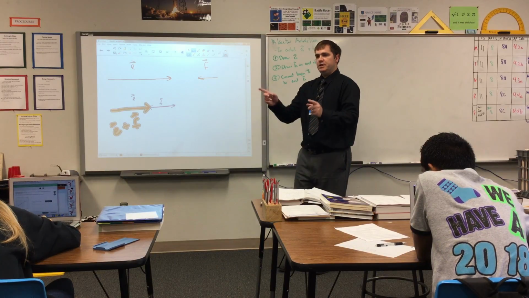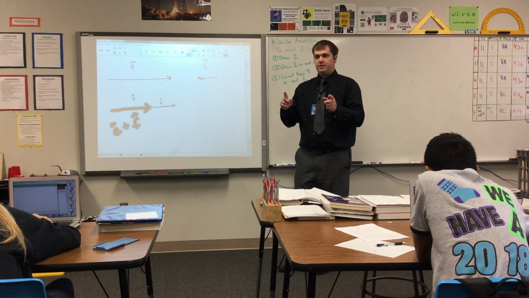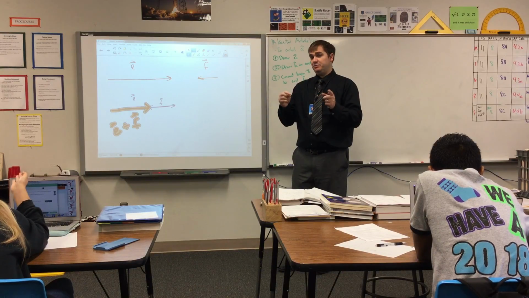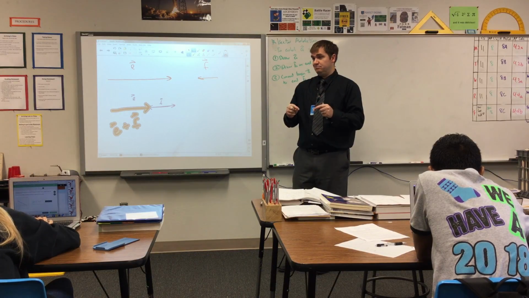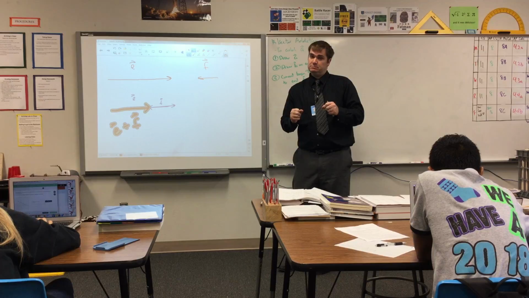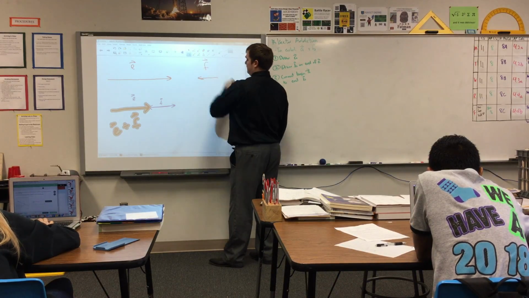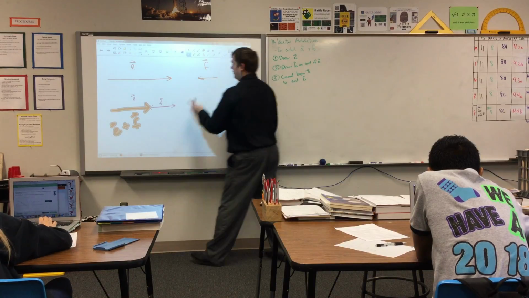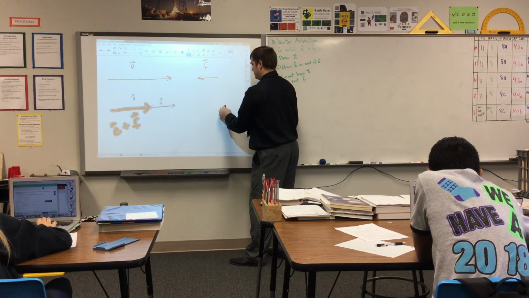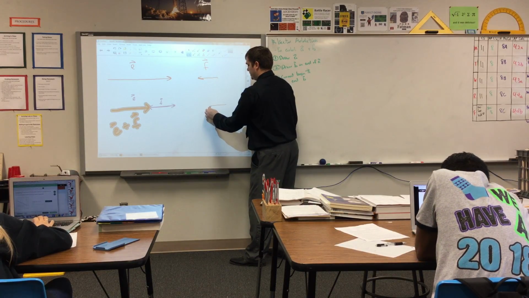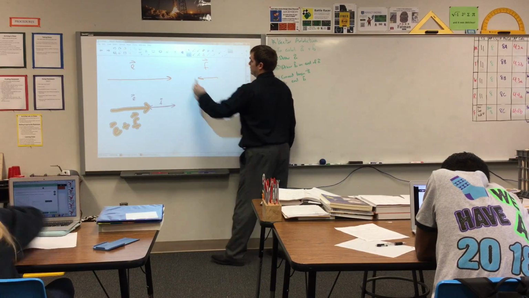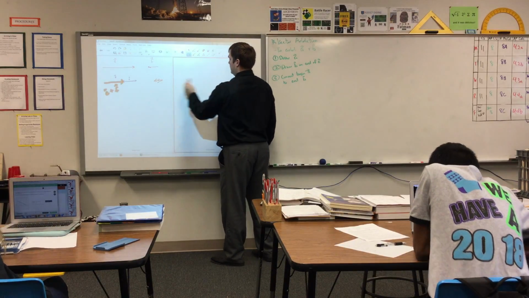Here's a question. Is there a difference between E plus F and F plus E? Let's find out. Okay, so that's E plus F. What if I were to draw F first? So F looks like this. Actually, I'll draw it over here.